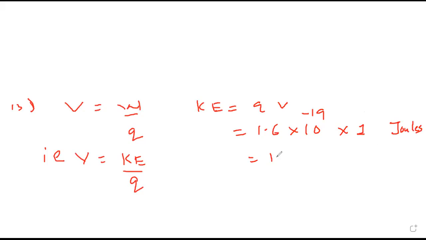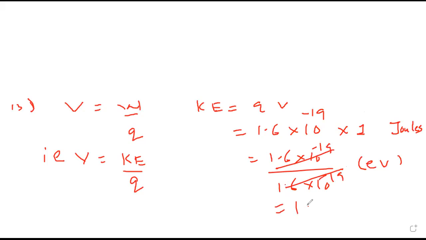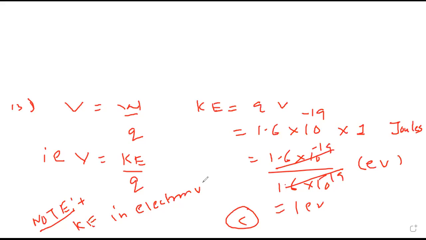That is 1.6 into 10 raised to minus 19 joules. Divide by 1.6 into 10 raised to minus 19 and it becomes electron volt. So the answer should be 1 electron volt. That is option C. Or in short, if you can remember anytime, kinetic energy in electron volt is the potential in volt.